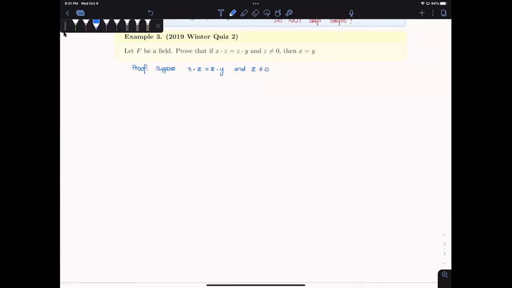Then by multiplicative inverse, we know that z inverse exists.